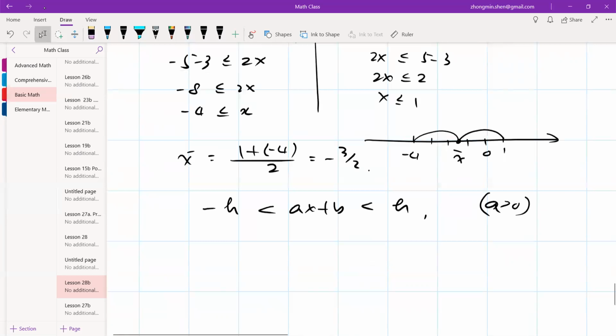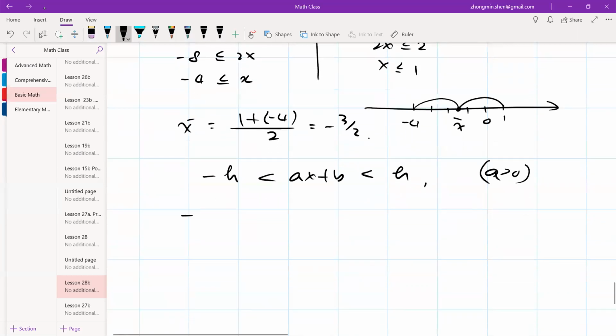So you look at this point here: negative h less than ax plus b, right? Then you divide by a. So this will be the answer on the one side.